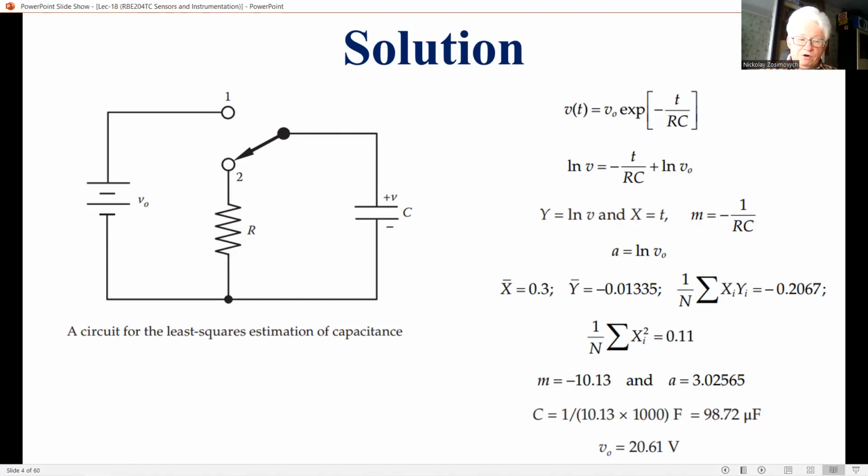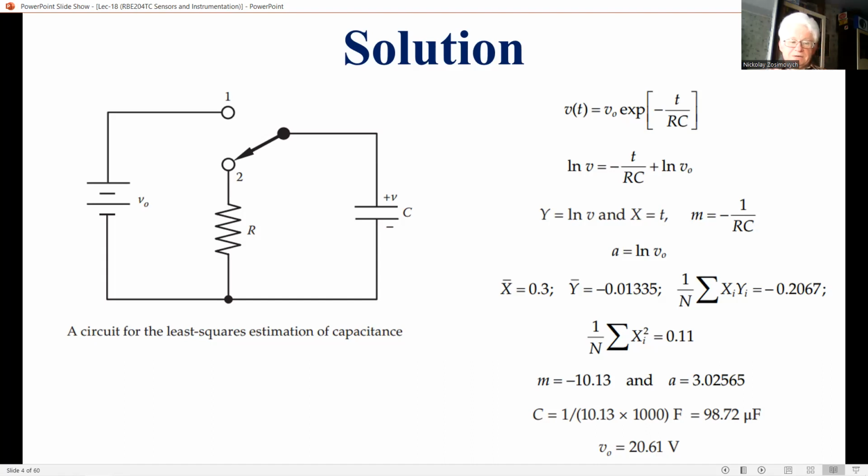Take the natural logarithm of this equation, and we get the equation: ln V equals minus t over RC plus ln V0, with y equal to ln V and x equal to t. The second equation represents a straight line with slope M equal to minus 1 over RC, and the y-axis intercept according to this equation.